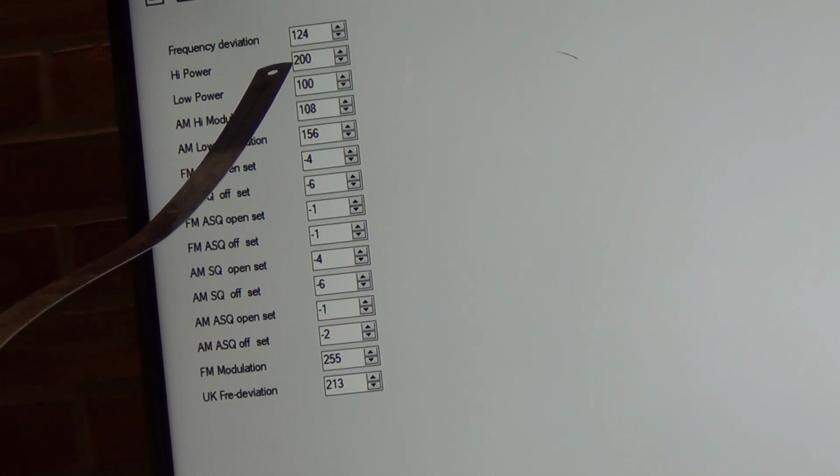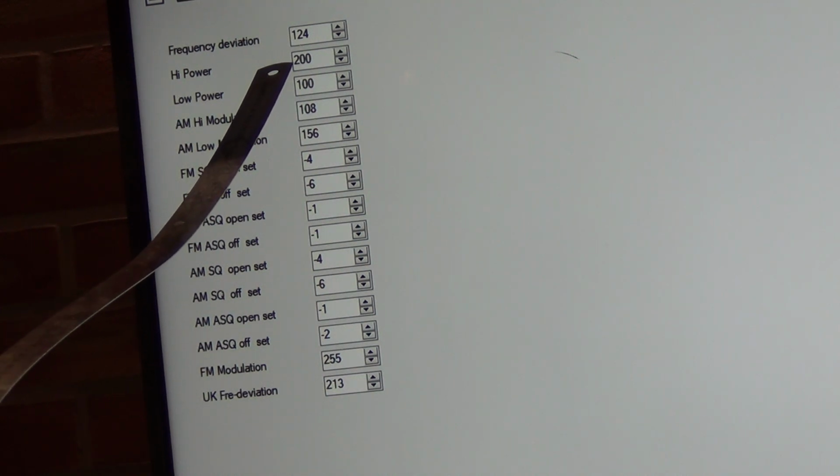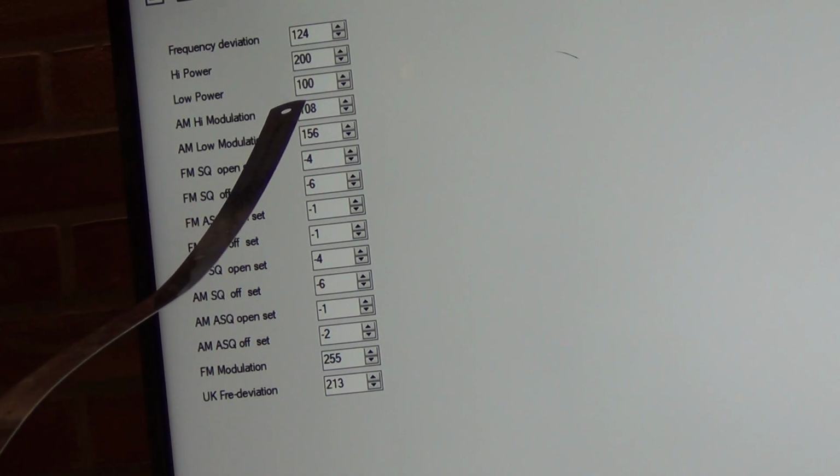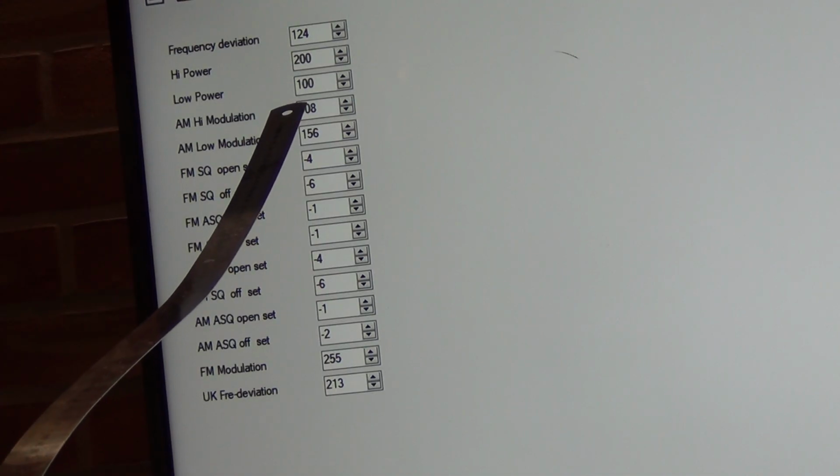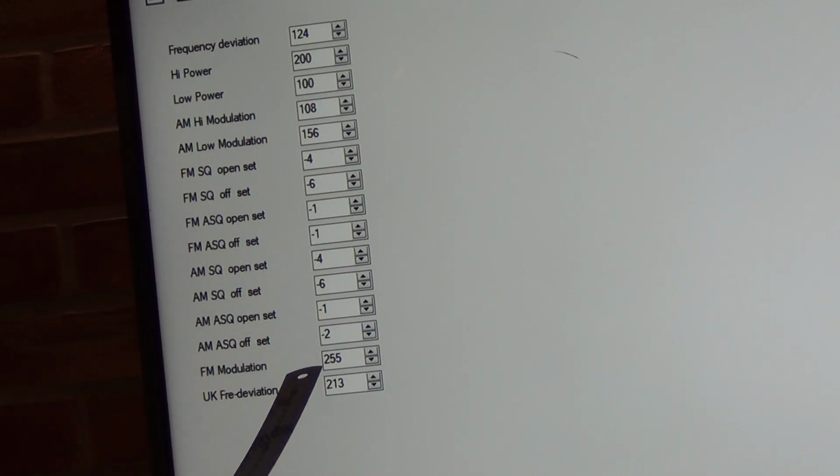All you're going to do is make the thing draw more current for no reason. So that's 200. We've dropped the low power a fraction, and that brings it down to about 1.3 watts instead of 1.65. We've now taken FM modulation to the top of the shot, which is 255, and that equates to about 2.1 kilohertz, which is where we want it. So that is now right.